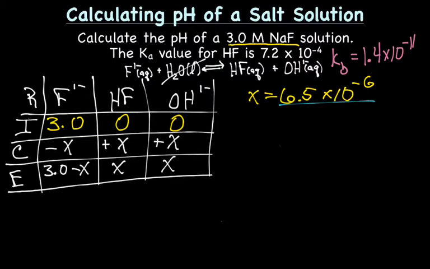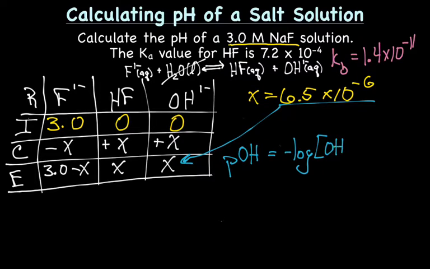So now that we know X, we also know the concentration of OH, and knowing the concentration of OH, we can calculate pOH. So remember that pOH equals negative log of the concentration of OH. So our pOH equals 5.19.